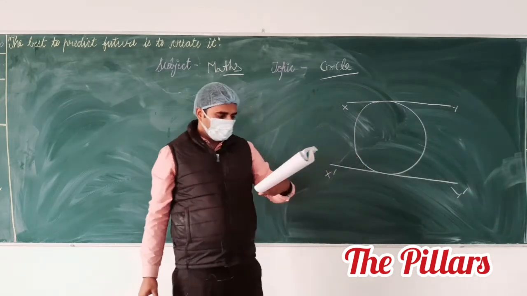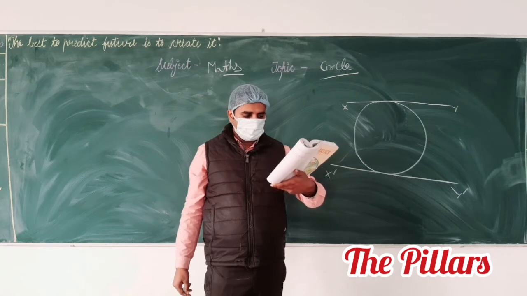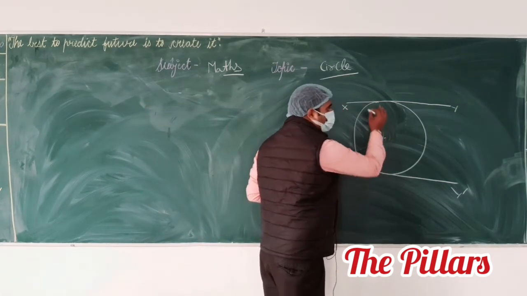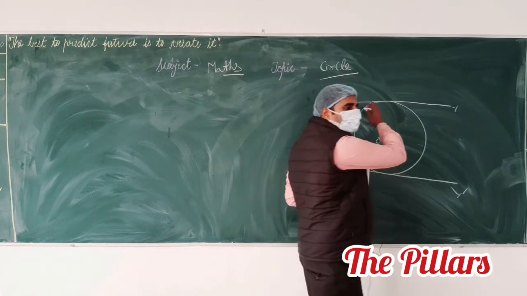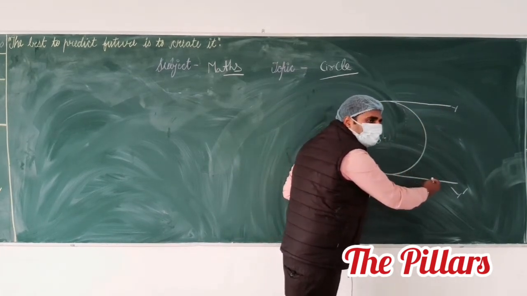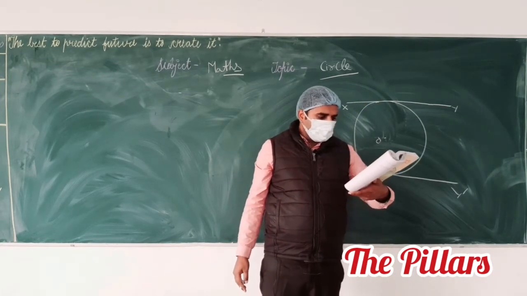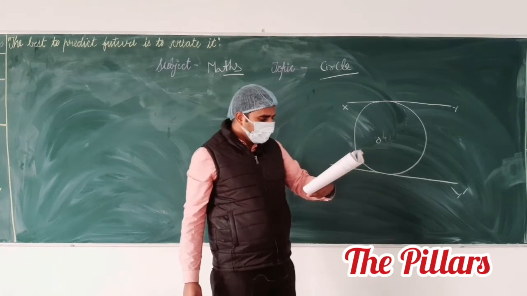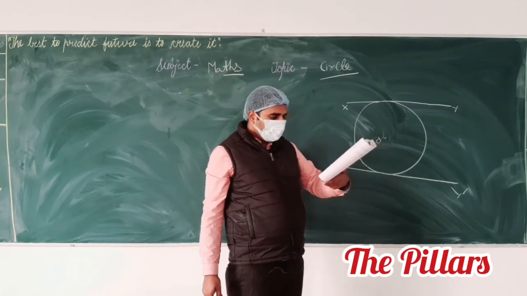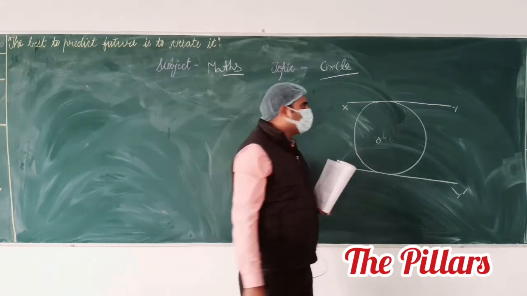See that, the question tells that xy and x dash y dash are two parallel tangents to a circle with center O. First parallel tangent is xy and second parallel tangent is x dash y dash. And another tangent AB with point of contact C intersecting xy at A and x dash y dash at B. We have to draw another tangent.